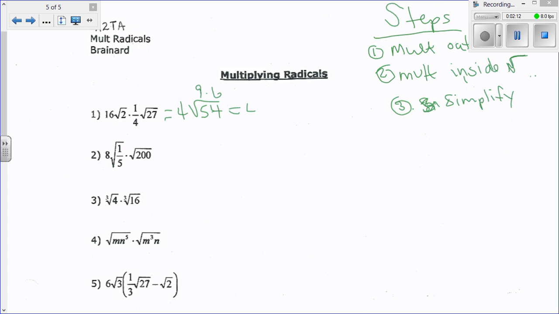So it's 4 times 3, and then radical 6. So my final answer is 12 radical 6. All right, let me fix that.